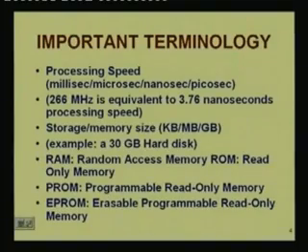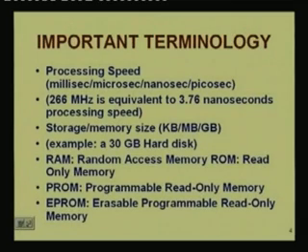Suppose we have something like 266 megahertz, which in today's standard is quite low, is equivalent to 3.76 nanoseconds processing speed. So, the processing speed in milliseconds, microseconds, nanoseconds or picoseconds is equivalent to the clock, right. We know that every system has a clock with a given clock speed, and this particular clock speed is related to the processing speed as well.